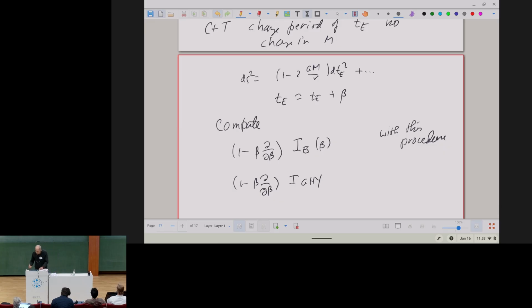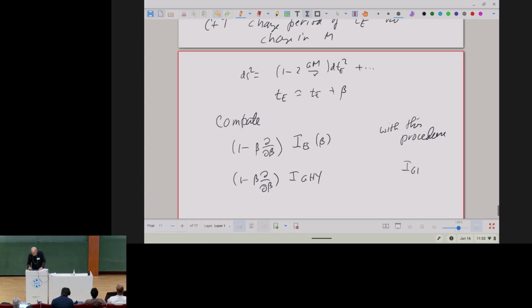But I told you the boundary term at infinity is a local integral. And the boundary is just something times the circle of circumference beta. So the boundary term is going to be beta times something. And 1 minus beta d by d beta annihilates beta. So the boundary term doesn't contribute to the action.